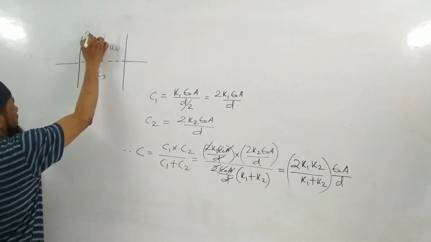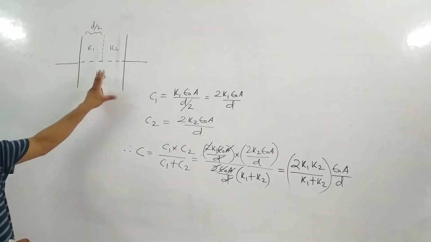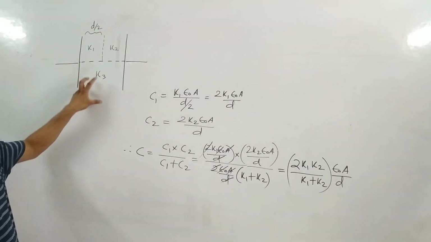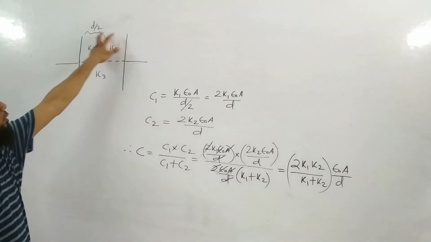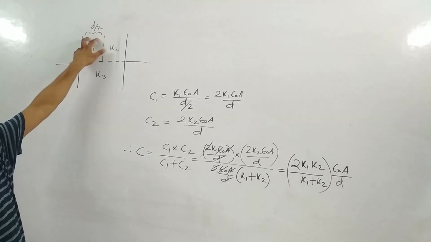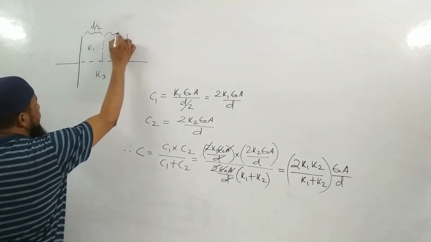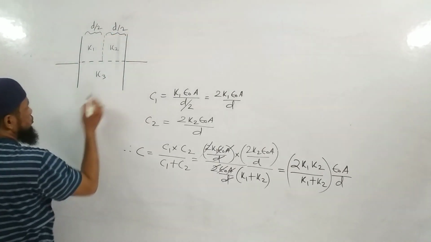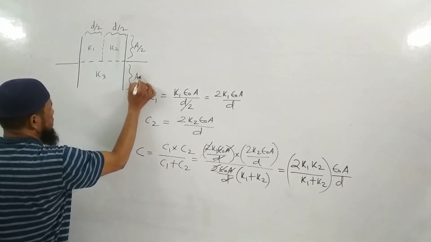Let me take the separation D by 2. Actually, to make you understand the concept, I'm just using equal separations. You can take different separations also. One is X, the other is D minus X. I'll be showing one problem on that. Plate area is A by 2.